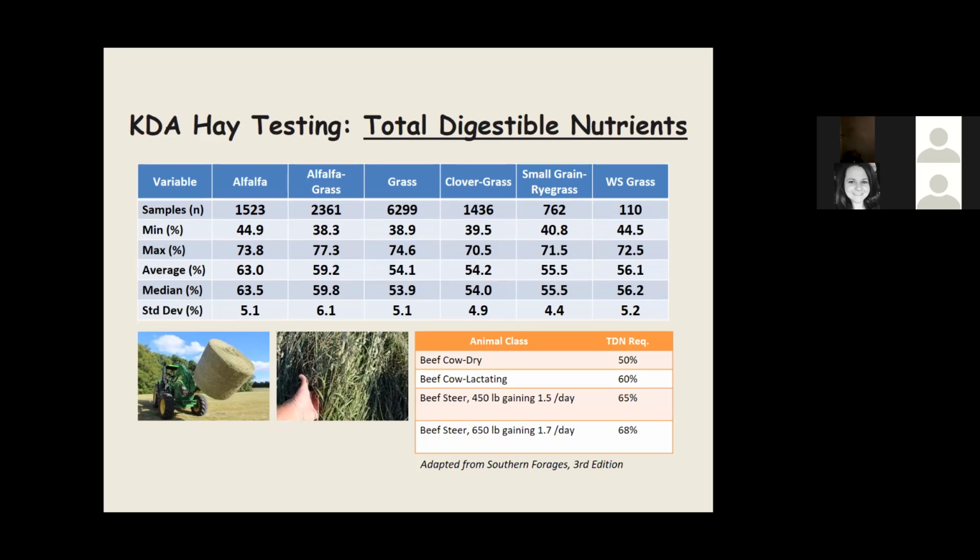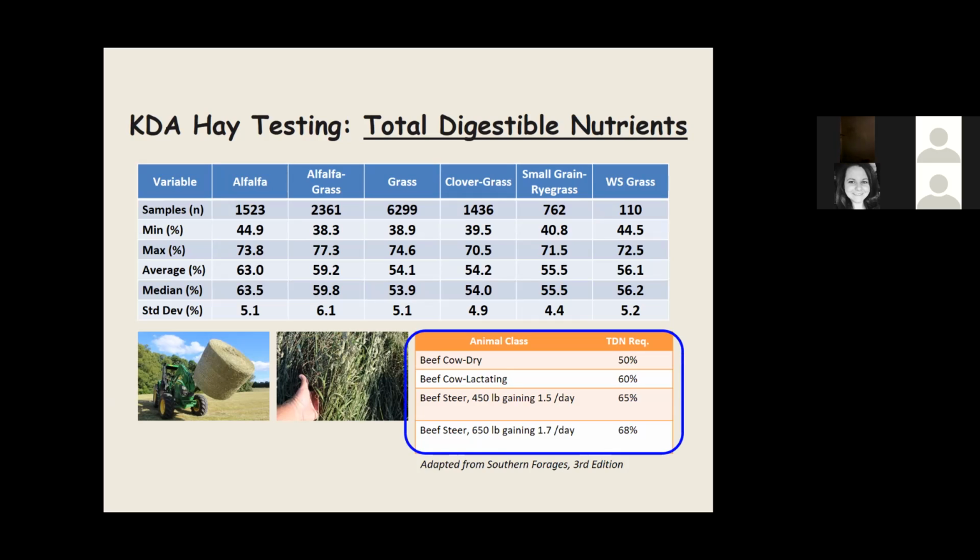TDN, total digestible nutrients. You think of this again as a measure of energy, but it is a combination of the ADF and NDF, so you can look at the different comparisons. Now we want this number to be larger.